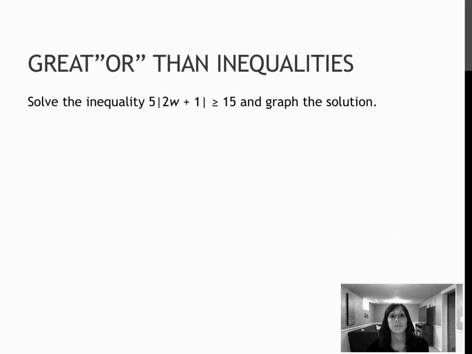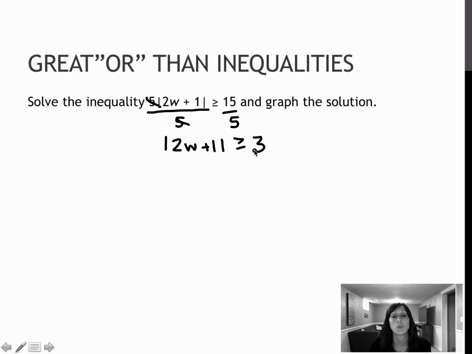On this example, I can't write my equation twice until I get the absolute value by itself. So I'm going to divide by 5 to get the absolute value of 2w plus 1 is greater than or equal to 3. Then I'm going to drop the absolute value sign and say 2w plus 1 is greater than or equal to 3, or 2w plus 1 is less than or equal to negative 3.